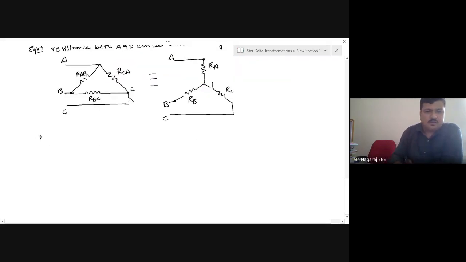So R equivalent in delta is equals to, or we'll give one more name here. R equivalent between A and B in delta is equals to, it is for our understanding. Now C is open, my RAB and RCA are in series. So it is, sorry, RBC and RCA.